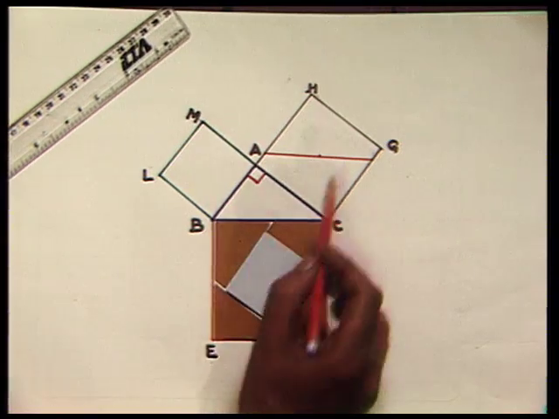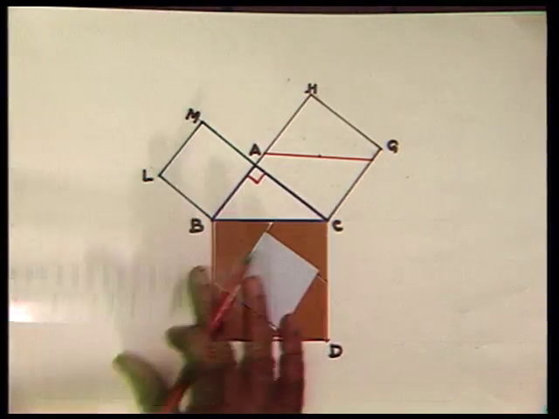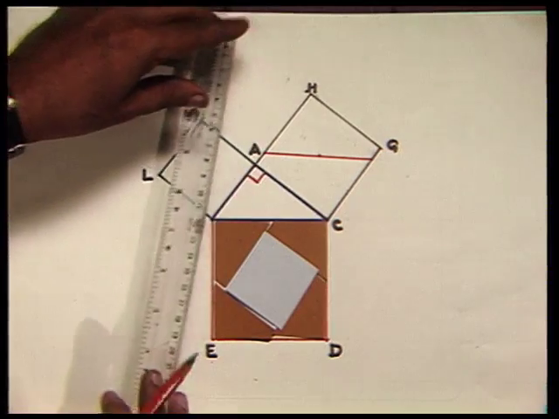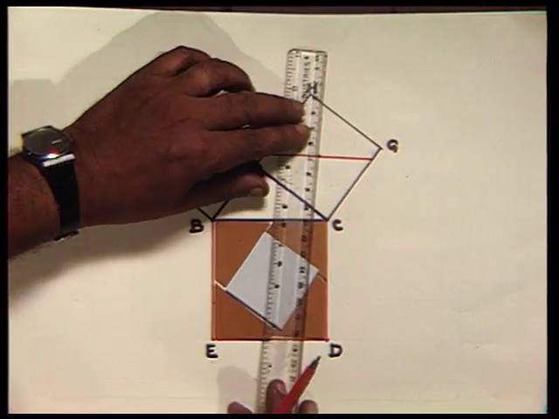So, this line has been drawn parallel to the hypotenuse, and we draw another line which is perpendicular to the hypotenuse.